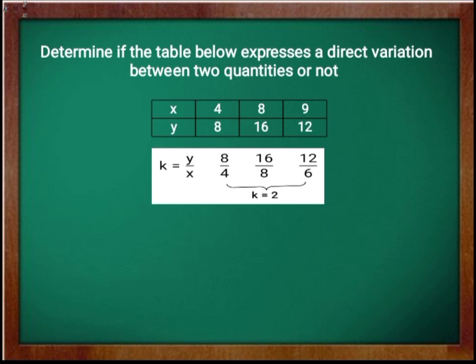In the first column we have y is 8 over 4, which is our x equal to 4. Then 16 over 8, and 12 over 6. So all of these are equal to 2. So they have the same constant of variation. That means that this table is a direct variation.